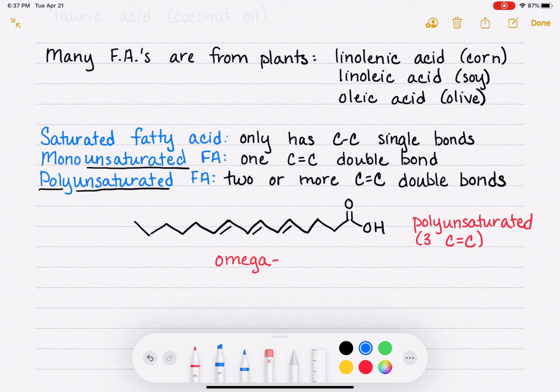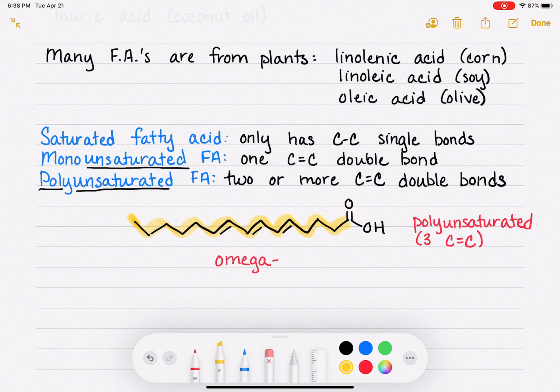The trick with this omega designation is that you count or look for the double bond from the end of the fatty acid instead of from the beginning. When you first learned about carboxylic acids, you were always taught to start at the carboxylic acid and count away from it. That is the standard notation. In this omega designation, we're going to start at the end and count our way towards the beginning.